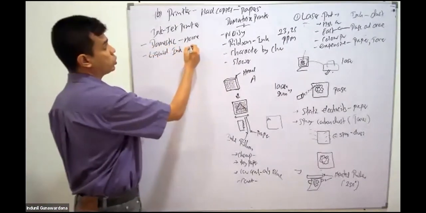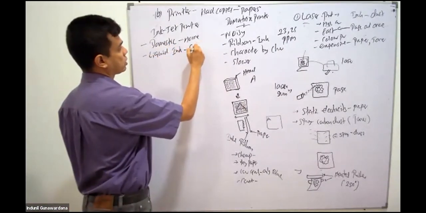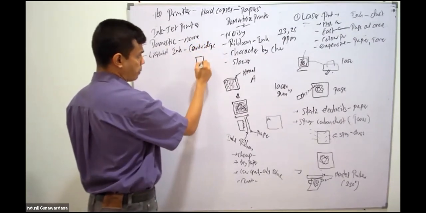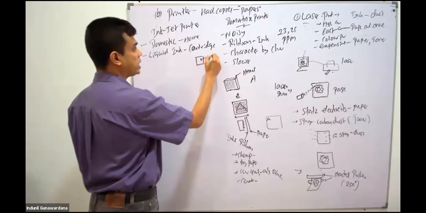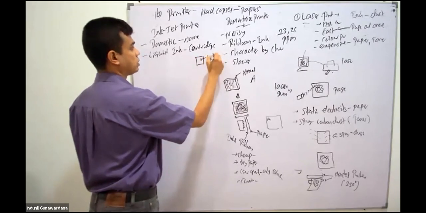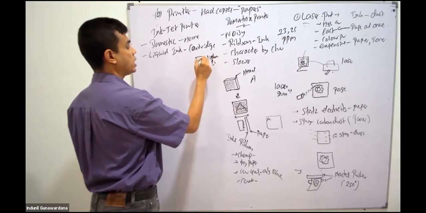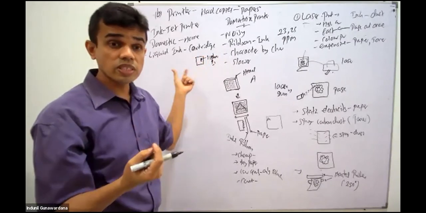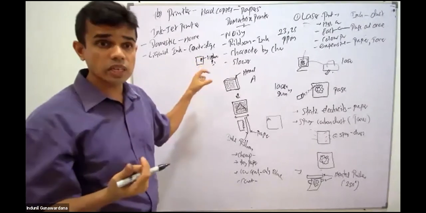Normally, it is given in the form of a cartridge. A cartridge is a plastic pack where the liquid ink is inside. We carry the relevant ink inside that cartridge.